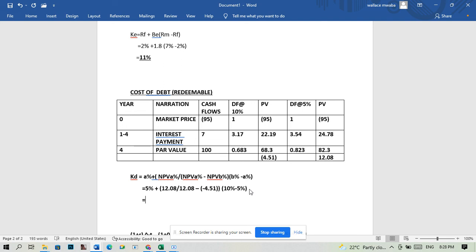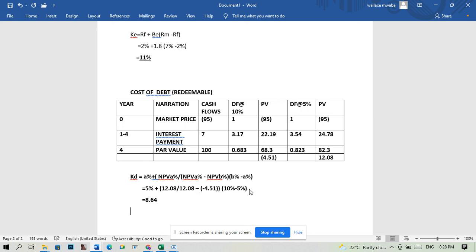8.61. What are we finding? I found 8.641. So we can round that off to 9%.